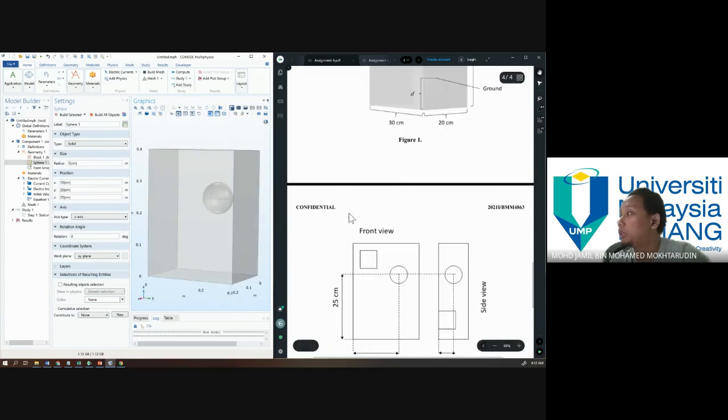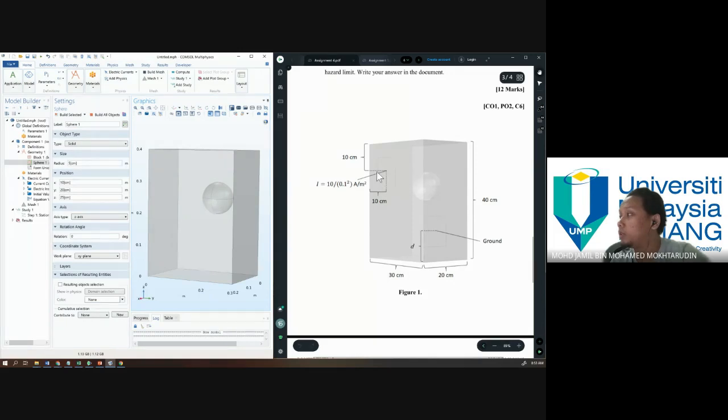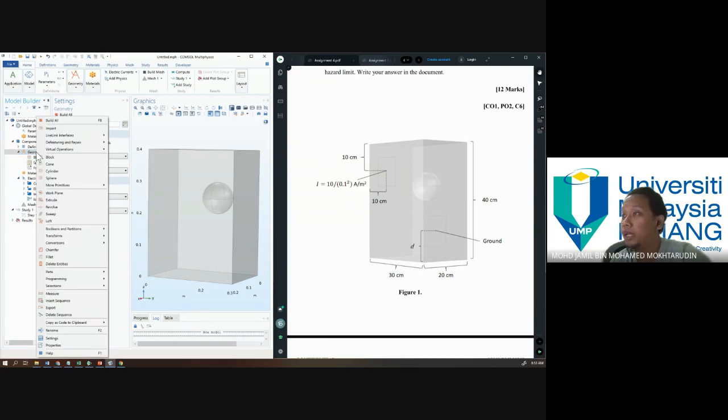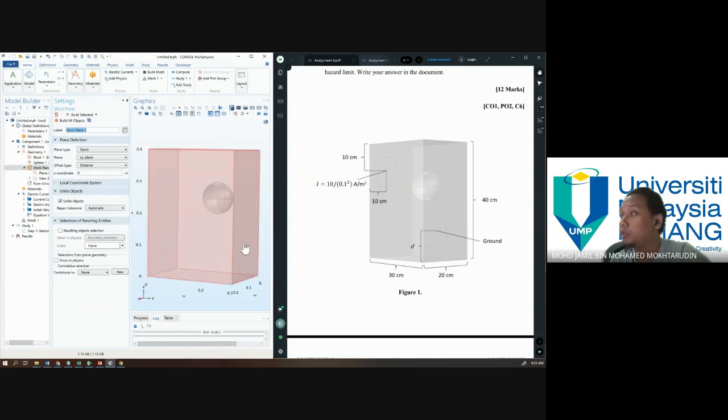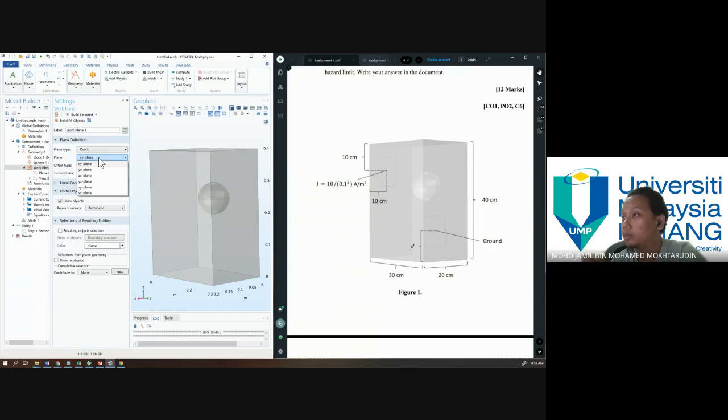Then we can draw the electrodes. So we start by drawing the top electrode. So we need a plane. So we need to draw the electrode on the frontal plane here, on the front plane. So it's a ZY. So by default, it's at the back. So move it forward, okay? So change the distance.